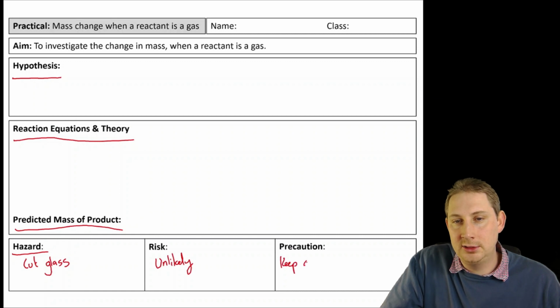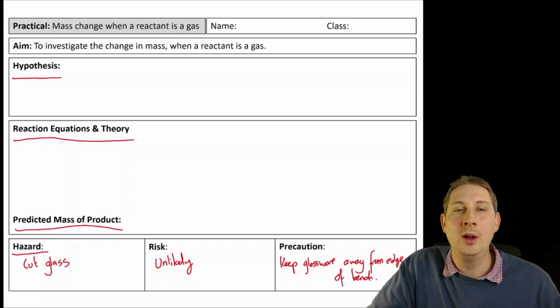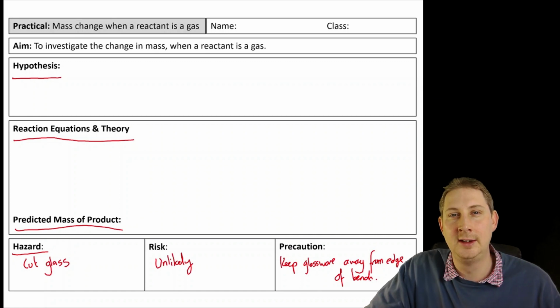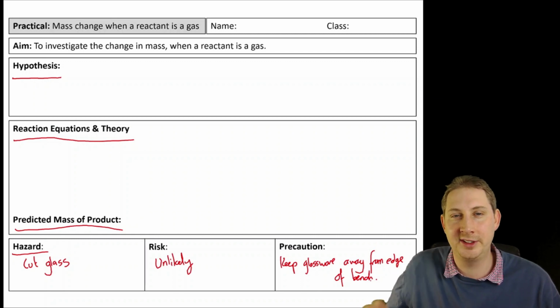Keep glassware away from the edge of bench. Now, this is not an appropriate hazard, risk and precaution for this practical. You need to think, what is the most serious hazard in this practical? How likely is it that someone's going to get hurt? And what is the best precaution to mitigate that hazard? So this is not the right one, but you need to think what is.